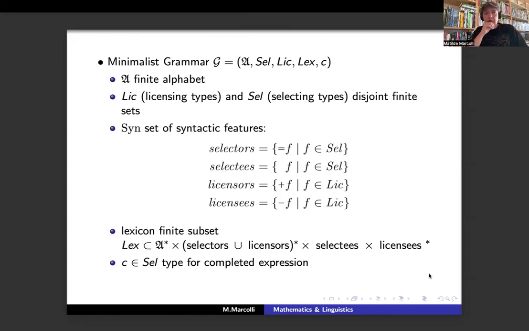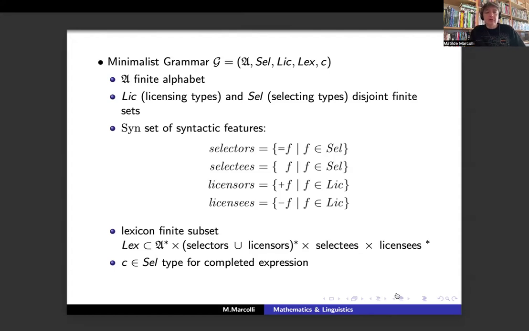So here, there are two kinds of these feature labels: selectors and selectees, and licensors and licensees. These respectively will take into account whether the two types of operation, merge and move, can be applied and where in the structure they can be applied.